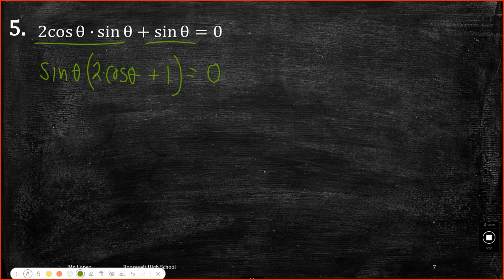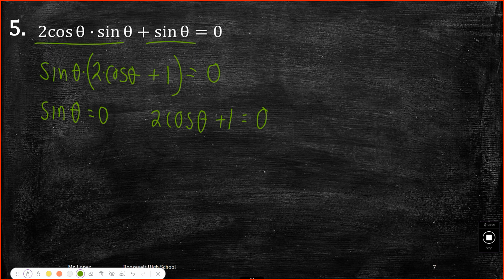Now, zero product property means that either sine theta is 0 or the inside of the parentheses is equal to 0. Sine theta is 0, or we can say that 2 cosine theta plus 1 equals 0. And after a while, I hope that you don't even need to do anything. You just know sine theta equals 0.